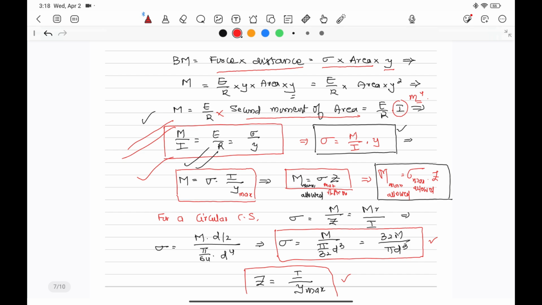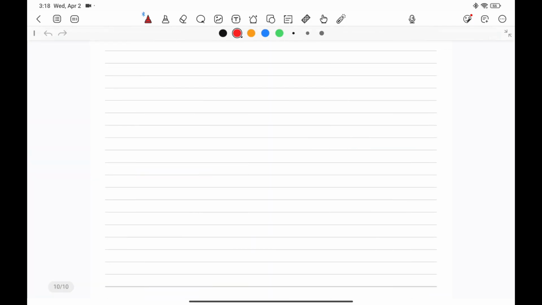The code provides allowable stresses. If sigma bending allowable is greater than sigma calculated, it is okay, the design is okay.